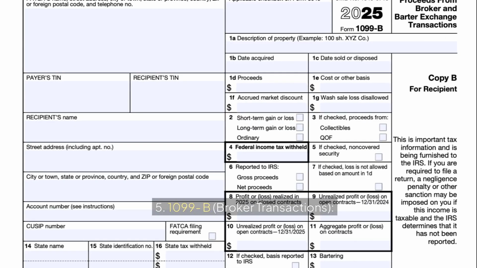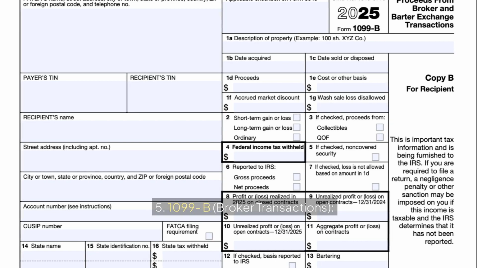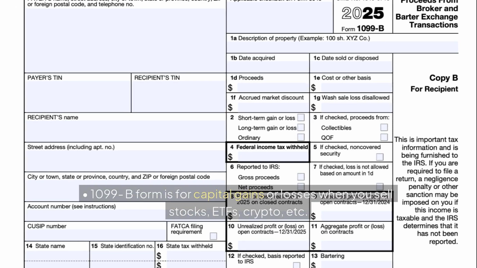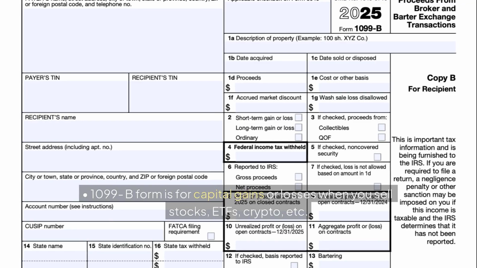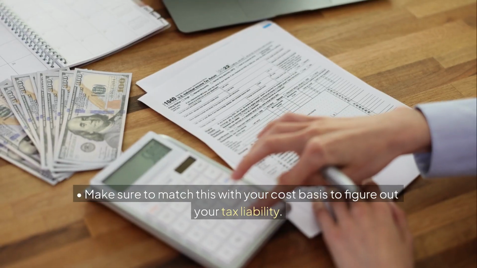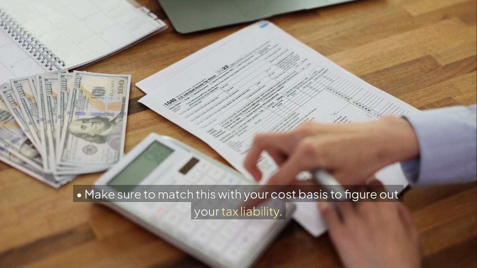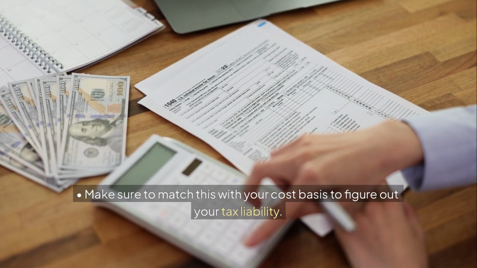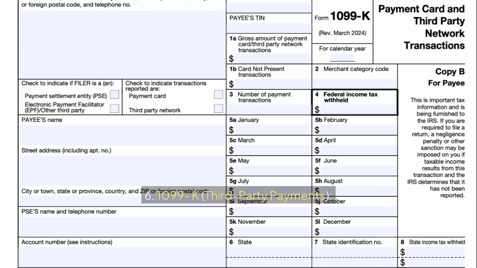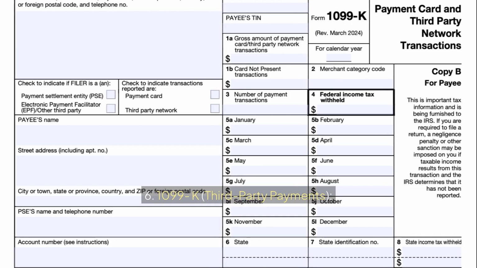Next, 1099-B, broker transactions. The 1099-B form is for capital gains or losses when you sell stocks, ETFs, crypto, etc. Make sure to match this with your cost basis to figure out your tax liability. Next, 1099-K form, third-party payments.